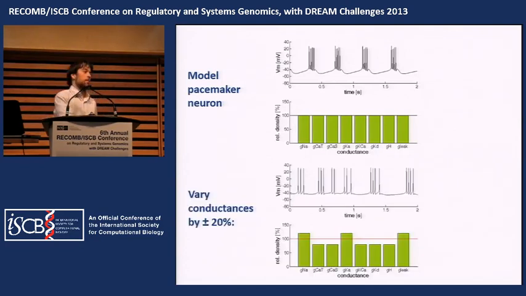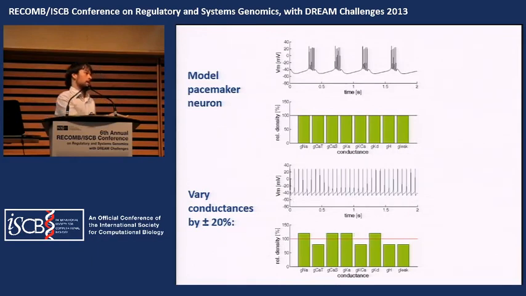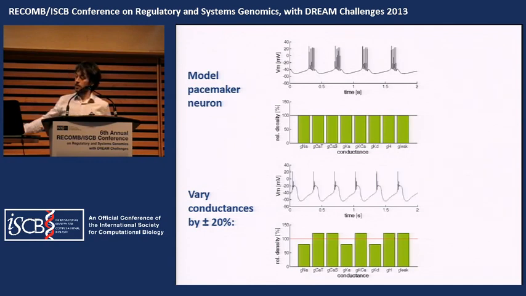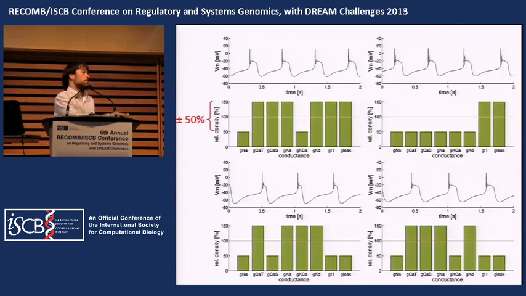If you change these parameters by plus or minus 20%, you can find many different phenotypes for this neuron: many different bursting and tonically firing patterns, to neurons that are completely silent. However, if you modify the parameters over an even larger range, plus or minus 50%, you can still find many different parameter sets that give you similar output or phenotypes. Here, we would call this a one spike burster phenotype.